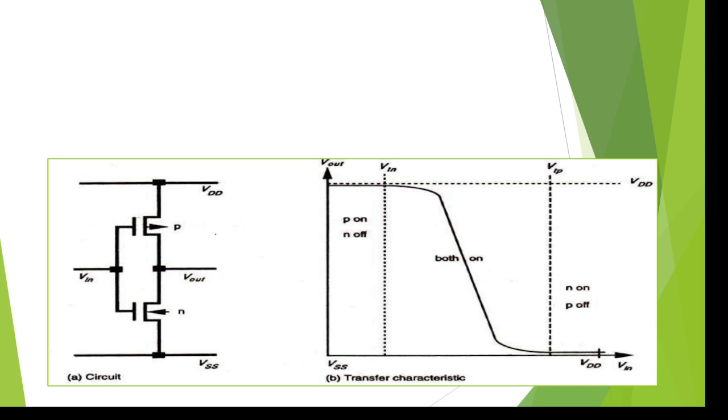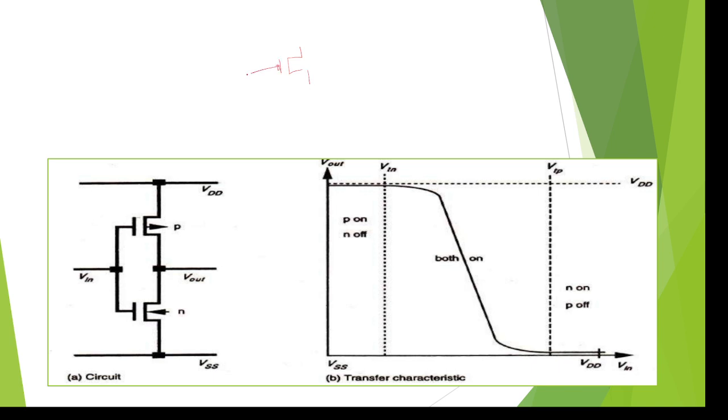We can see when the transistor is in on condition and when the transistor is in off condition. If you take a PMOS transistor, this is the symbol for the PMOS transistor.